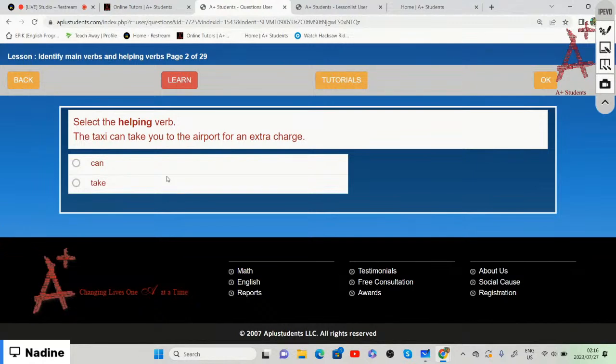All right, so if we were to select the helping verb within that sentence, it says that the taxi can take you to the airport for an extra charge, right? The helping verb is the word that comes before the main verb.